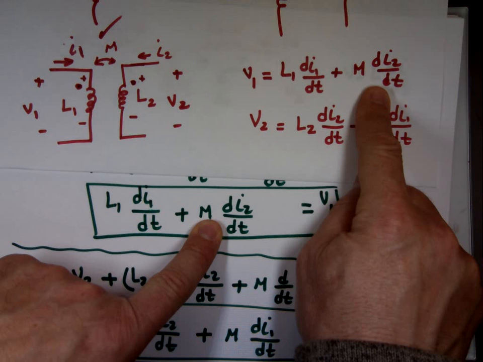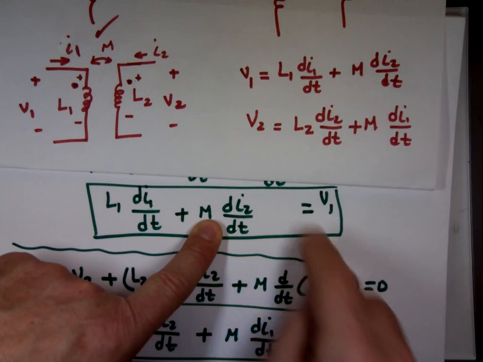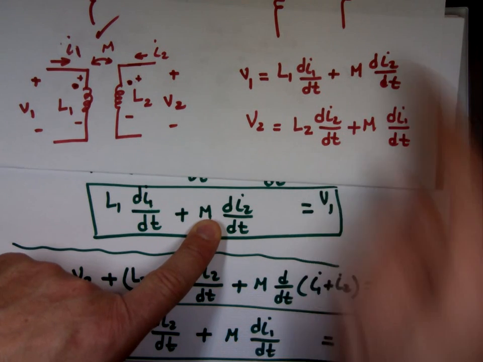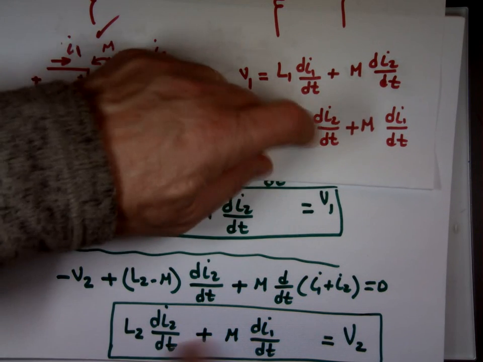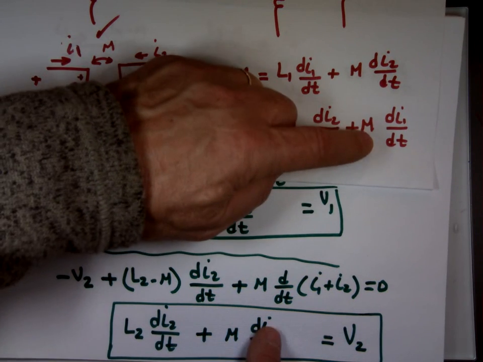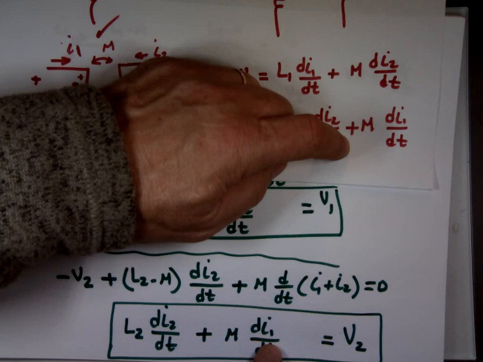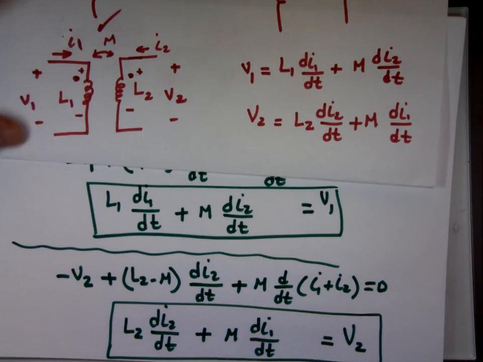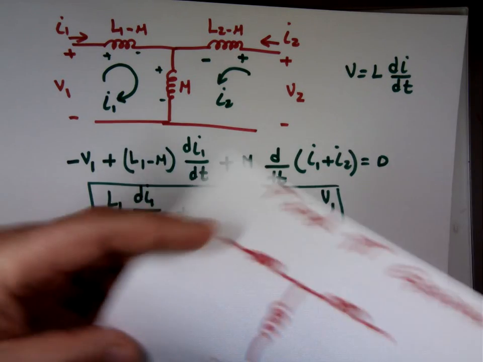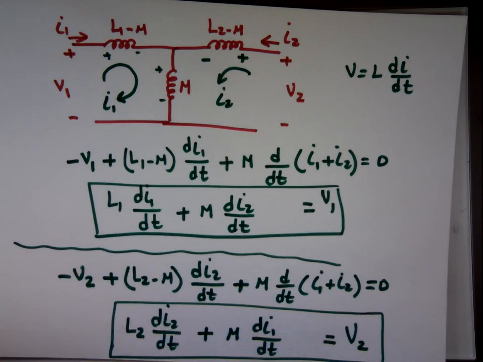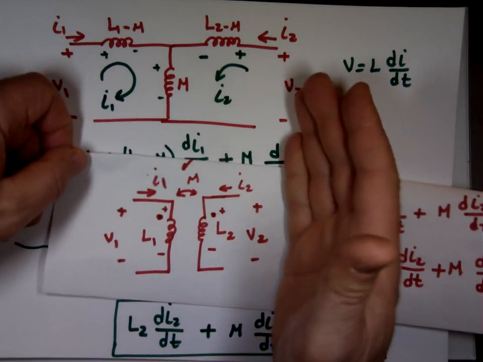See it? That's the same as this. Let's look at V2. L2 di2/dt plus M di1/dt. What does that mean? That means this circuit that you see here is the equivalent of this circuit. This is equal to this.